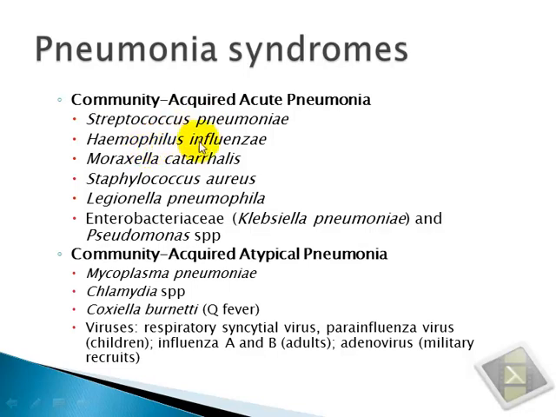You have Haemophilus influenzae, Moraxella catarrhalis, Staphylococcus aureus. Strep and Staph almost go together. Staphylococcus aureus is community-acquired, but if it is methicillin-resistant Staph aureus, or MRSA, then it is more likely to be a hospital-acquired infection, and that may have a worse prognosis than just a simple Staphylococcus aureus.